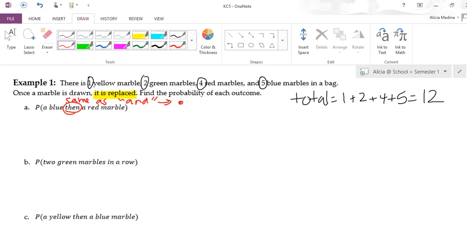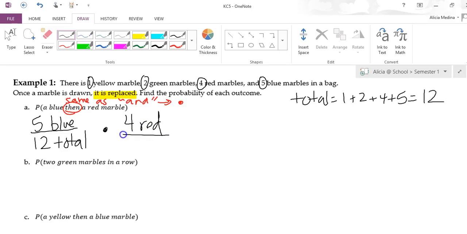Okay, so what is the probability of picking a blue one? Well, how many blues did we have? We had 5 blue marbles. So 5 blue over how many total marbles did we have? That was 12 total. Then means multiply. And how many red marbles? So red marbles was 4.